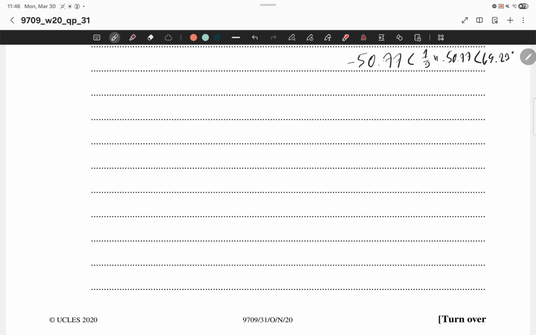So there will be something like 1/3 x minus 50.77 is equal to 49.80 degrees. We need to do some quadrant things, the first quadrant and the fourth quadrant. So we get 49.80 and another one, but it will be negative 49.80, and it cannot be more than 69.23 and it cannot be less than negative 50.77.